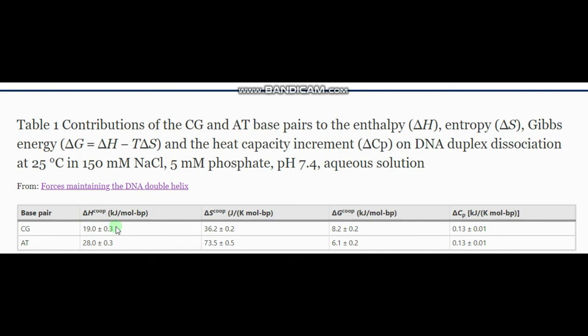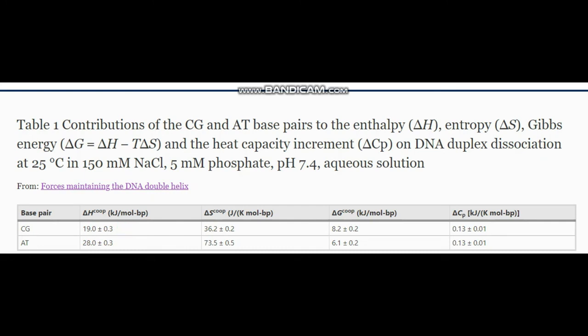And remember, that's unfavourable. That's going to tend to keep it in the folded state. And that brings us back to the stacking interactions that we talked about, that the increased density of intermolecular forces between the bases and their surroundings when they stack on top of one another makes for a favourable contribution to the stability of the folded state.